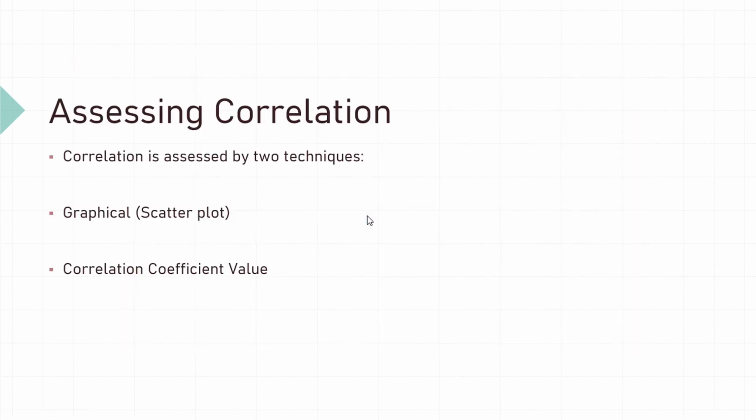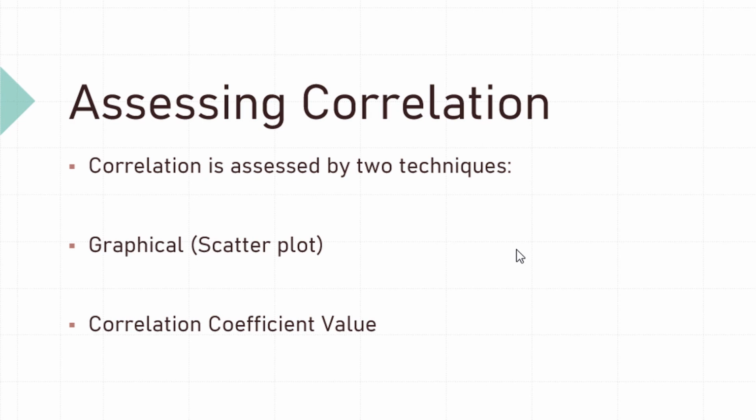Assessing the correlation. How do we assess? There are generally two methods or two techniques. One is a graphical technique, where we use a scatter plot, and the other is the correlation coefficient value.